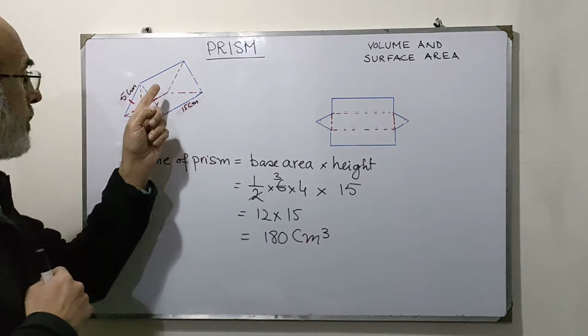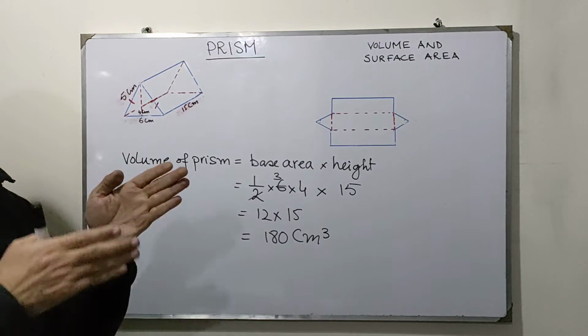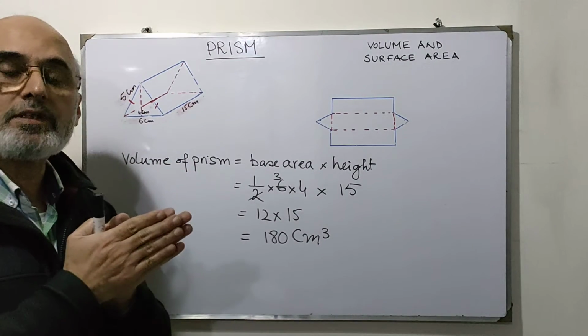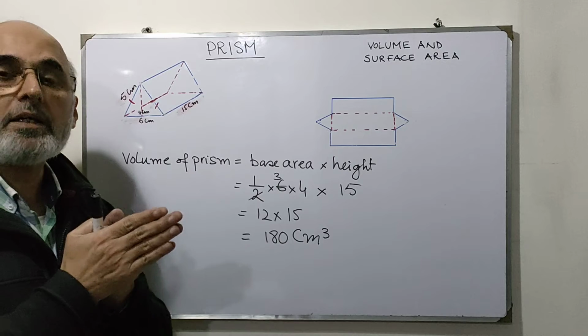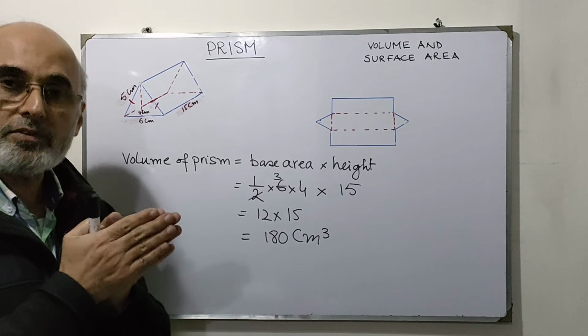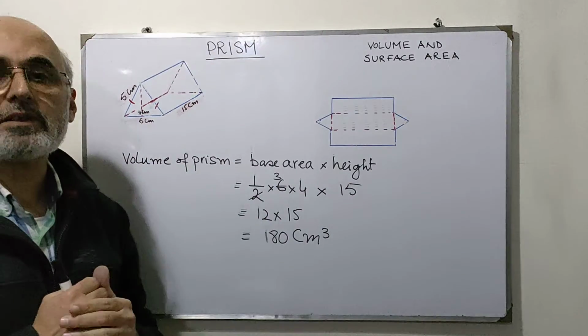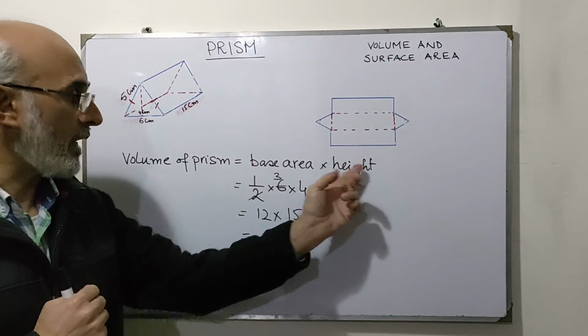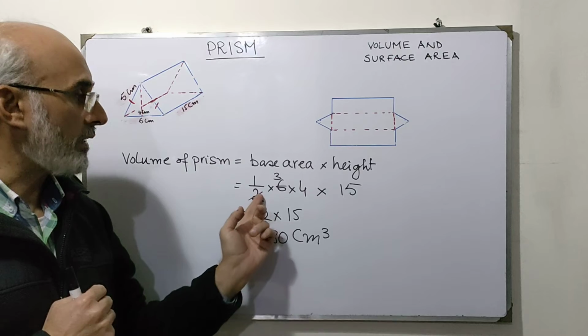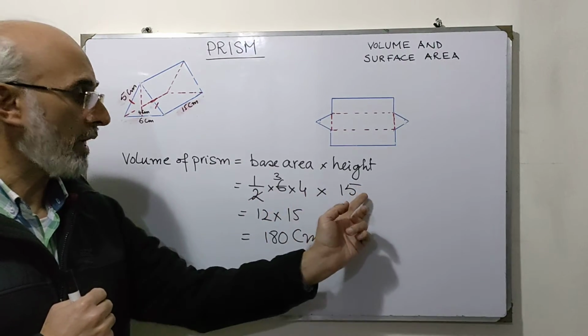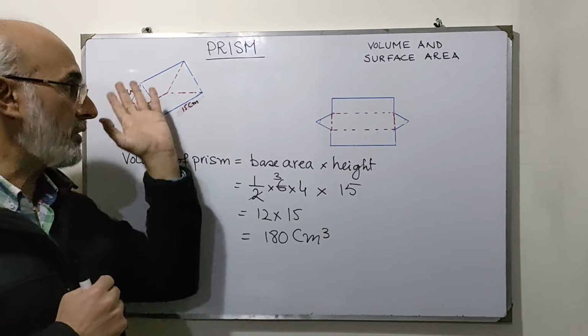So in this case it was this triangle, and we get the area of this base, and then we multiply with the height, whatever the height the prism has. So base area into height. So we have calculated the area of the triangle into the height, and we got our volume of this prism.